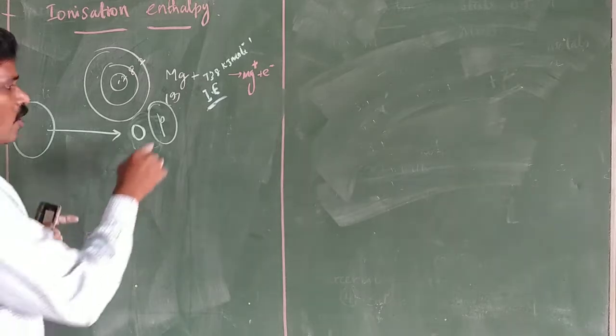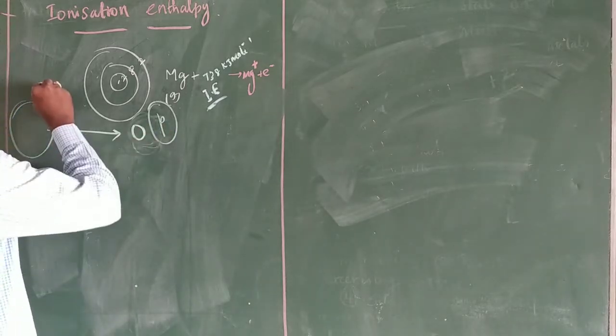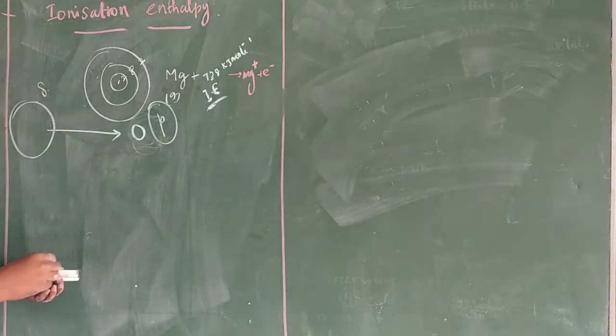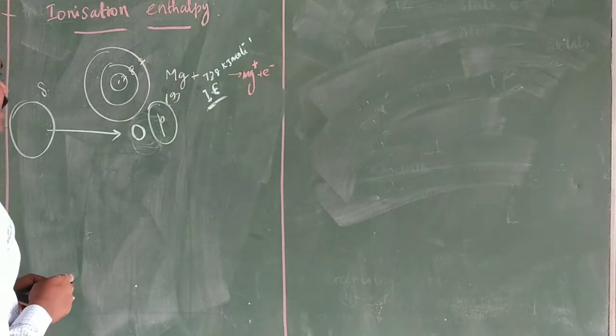So p block elements have more ionization energy, and s block elements have less ionization energy.